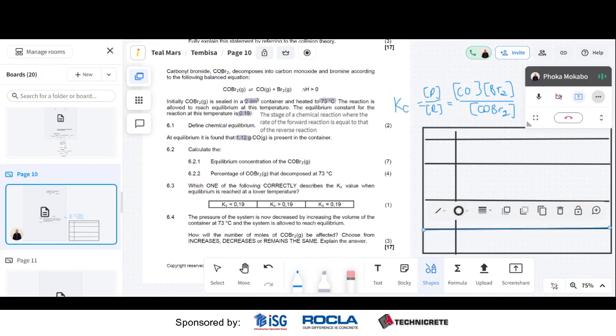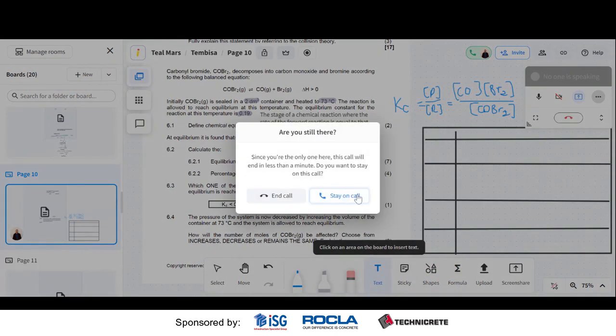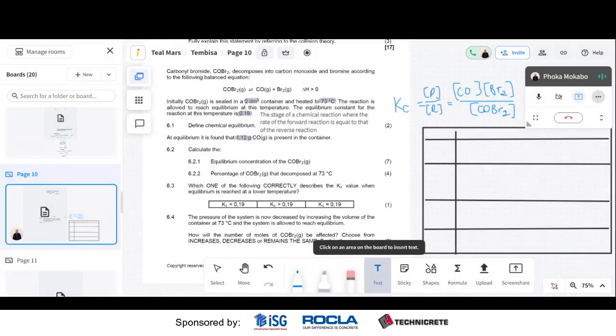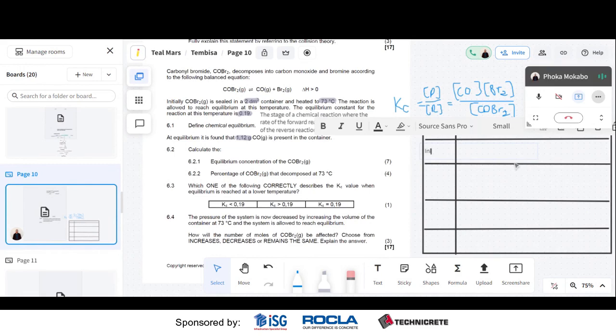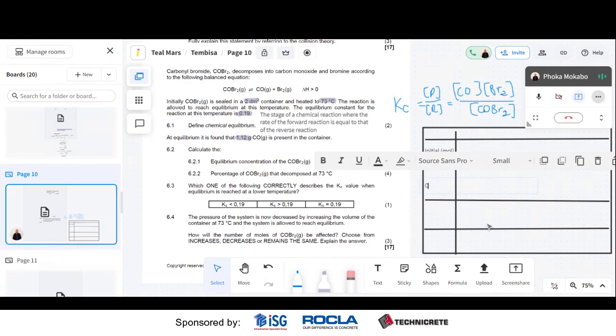I've added an extra compartment just for the reaction that we are about to add over there. Initial, all in moles. We have the change, that'll also be in moles.